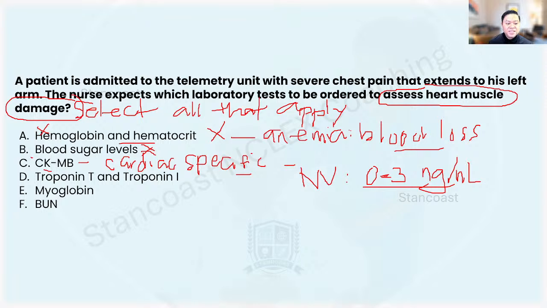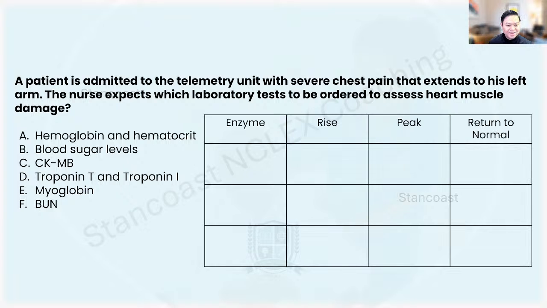Before I write some more here, let me remove this so you will have a better picture. And there you go. So we're talking about the CKMB. That way we are going to be more organized here. The CKMB, like I've said, is cardiac specific.